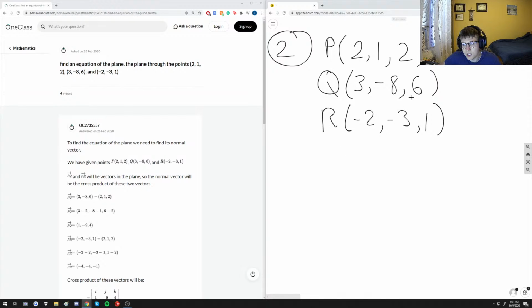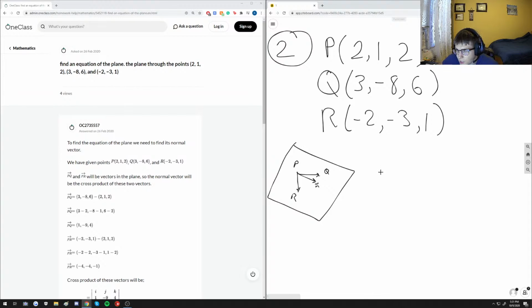So assuming that these 3 points P, Q, and R lie on this plane, we can define 2 vectors, 2 lines on this plane. And because they're both on this plane, the line orthogonal to both of these lines should be the normal vector.